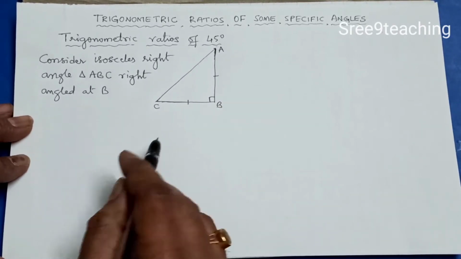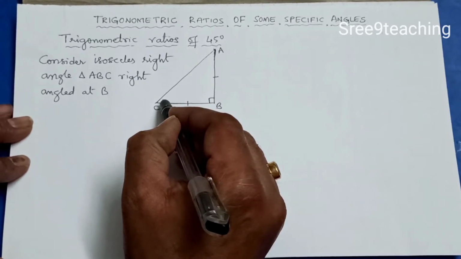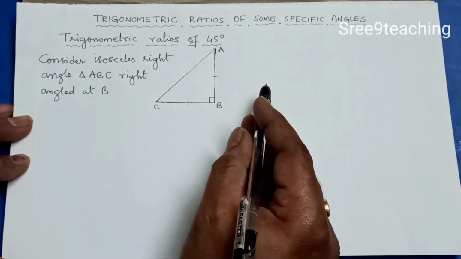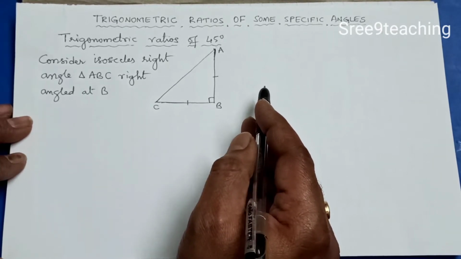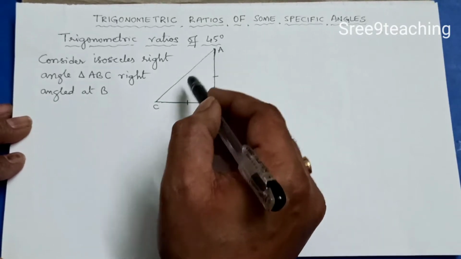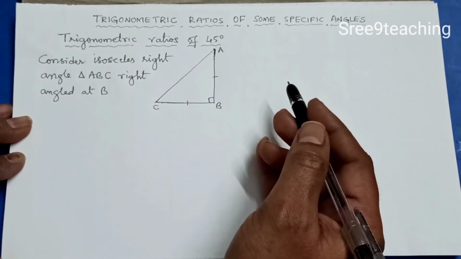Then obviously the sum of this and this angle is how much? We know that the sum of three angles in a triangle is 180 degrees. As this is already 90 degrees, the sum of these two angles is also 90 degrees, because 90 plus 90 makes 180, right?